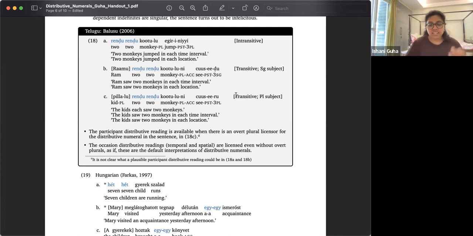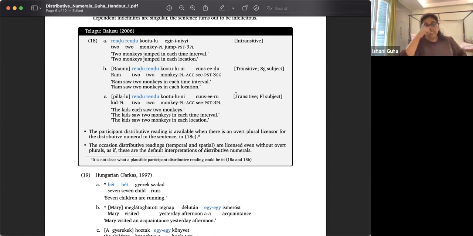Or in the second case, we have divided the monkeys in groups of 2 and spread them across our enclosure, and in each location, that group of 2 monkeys is jumping. So that is the spatial distributive reading, a kind of occasion distributivity, right? So Balasu says 18a does have any of those readings: temporal distributivity or spatial distributivity, okay?